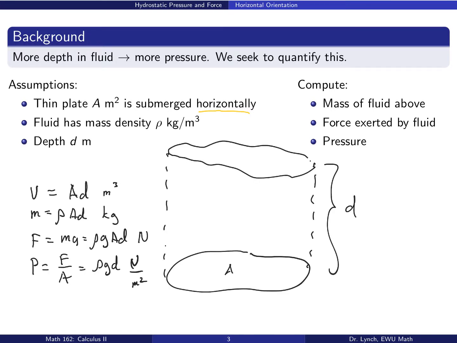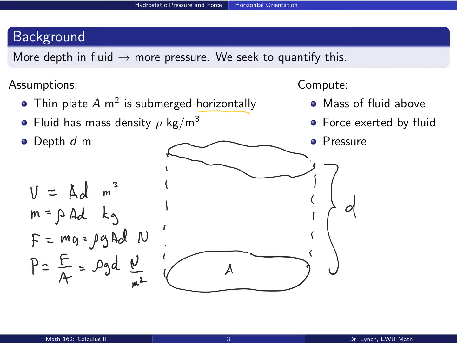So we'll stylize this plate of area A meters squared that's submerged horizontally as sort of a potato. We can think about the fluid above that having volume A times d cubic meters.